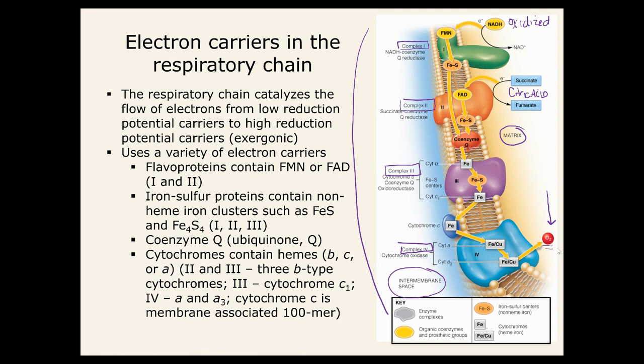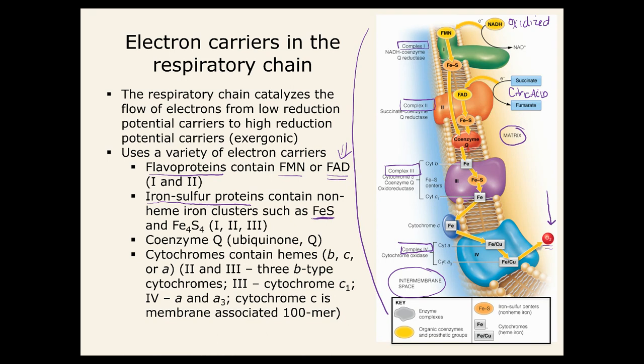Okay, now, who are the electron carriers? There's ones called flavoproteins. They contain FMN or FAD. So remember our friend FAD. You saw a picture of it in the previous PowerPoint. It's going to have iron sulfur proteins. For example, FeS, and I'll have some pictures of that.